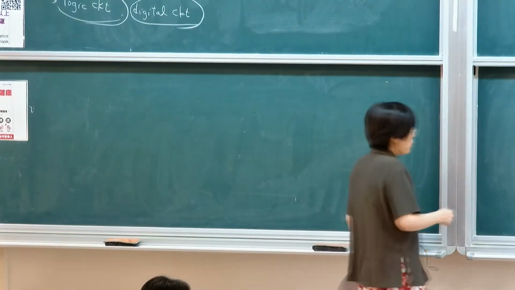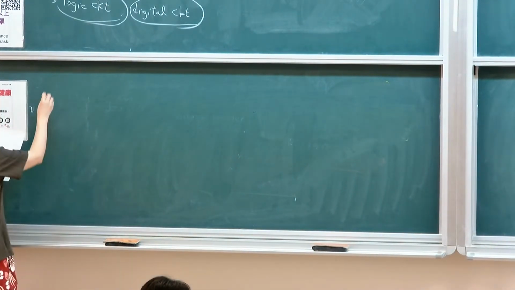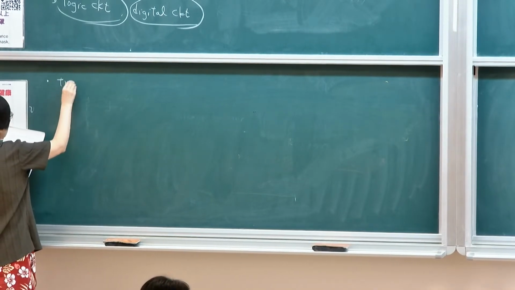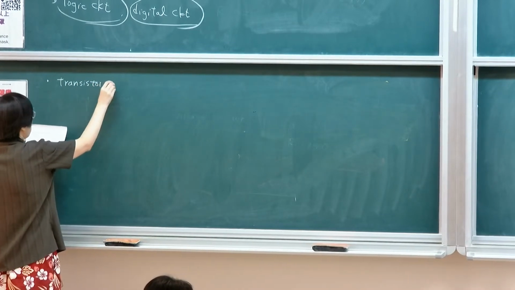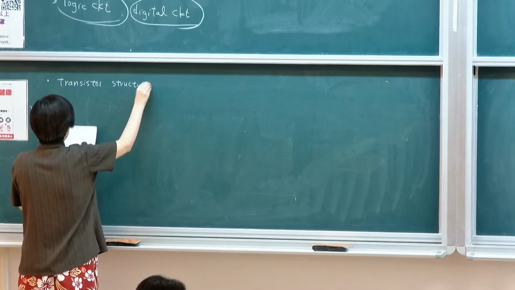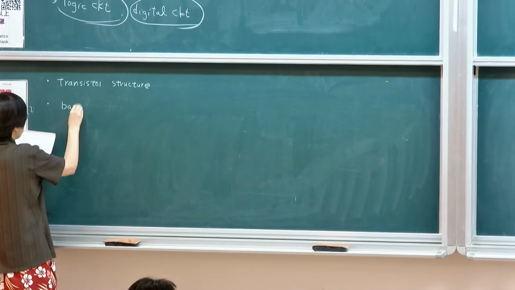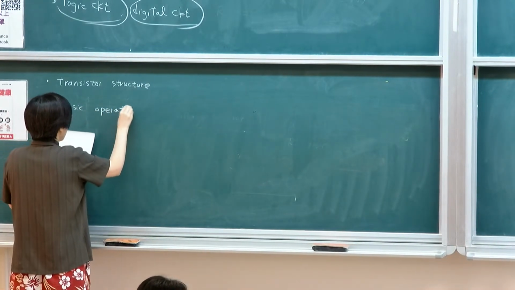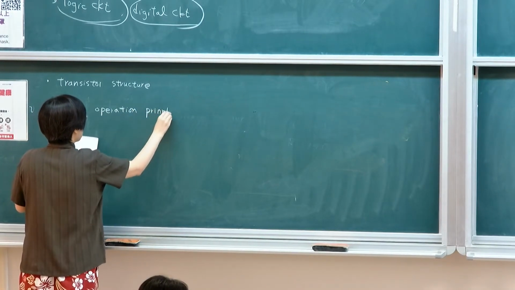Okay, so once we have this overview, let's look at what we're going to address in this part. Of course, we're going to talk about the basic transistor structure, how it looks and how it functions, its basic operation principle, so we understand more intuitively how this device operates.